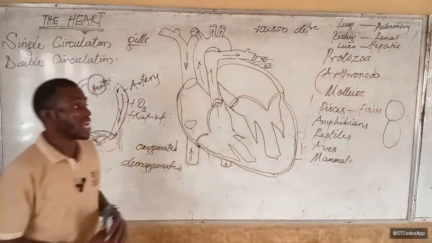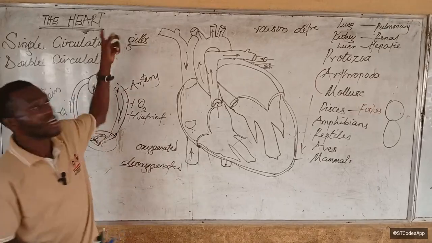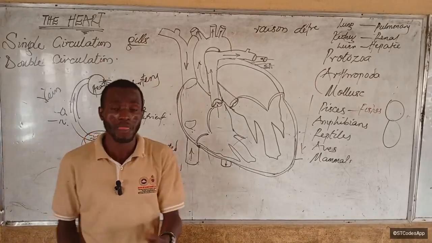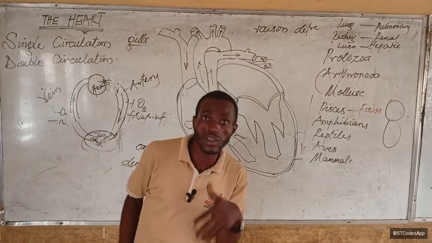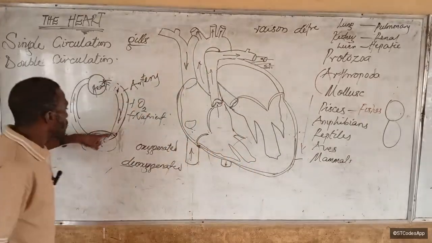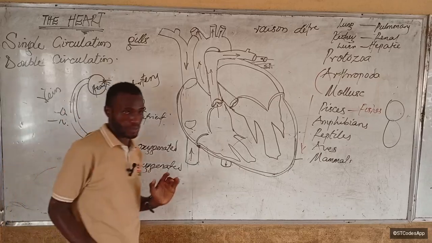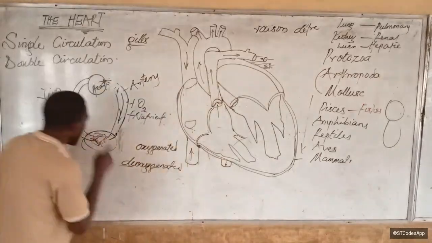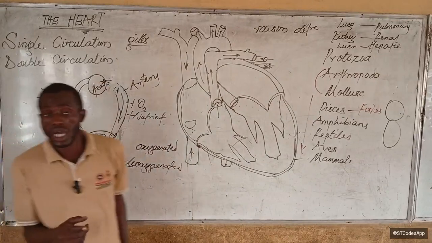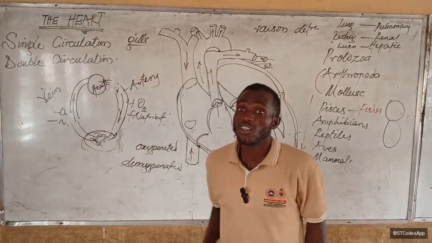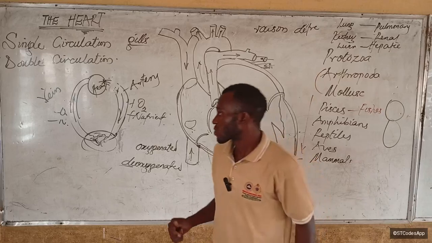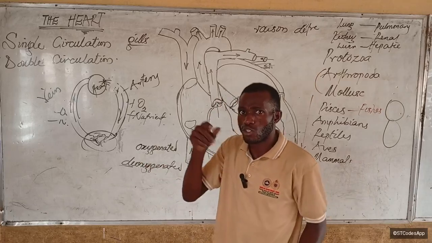Is a two-chambered heart. And you see, that single circulation is very inefficient, because by the time blood, now let me talk about pressure grading. By the time the blood gets here in the capillaries, the blood pressure is usually higher, because it's a tinier tube. Is that okay?